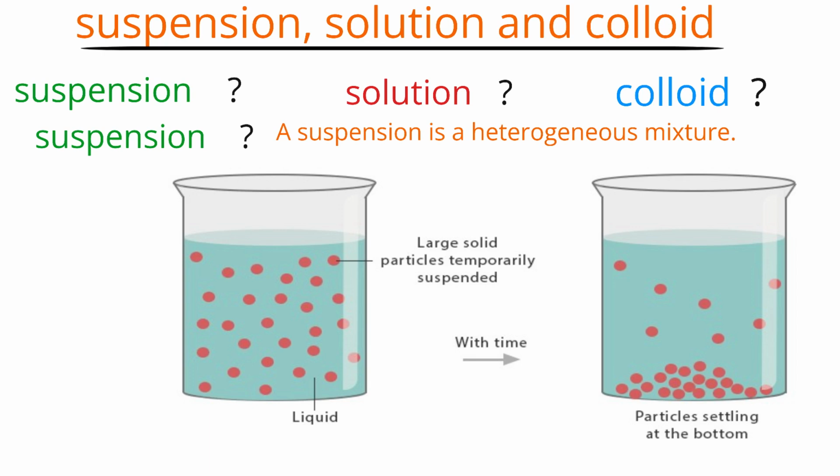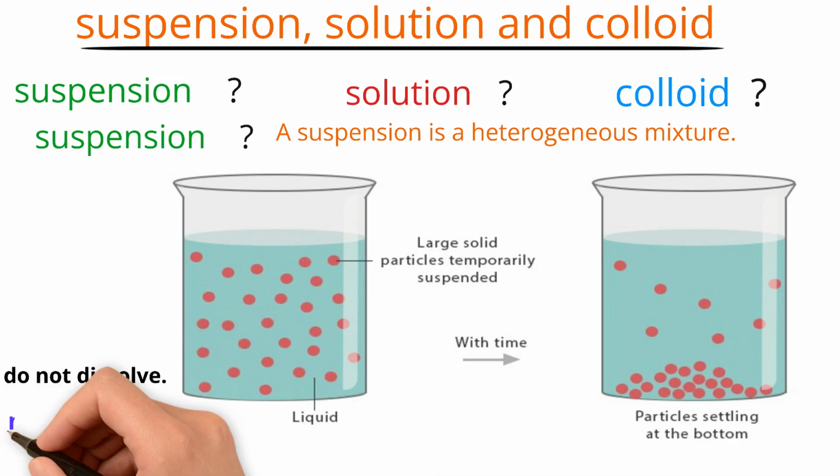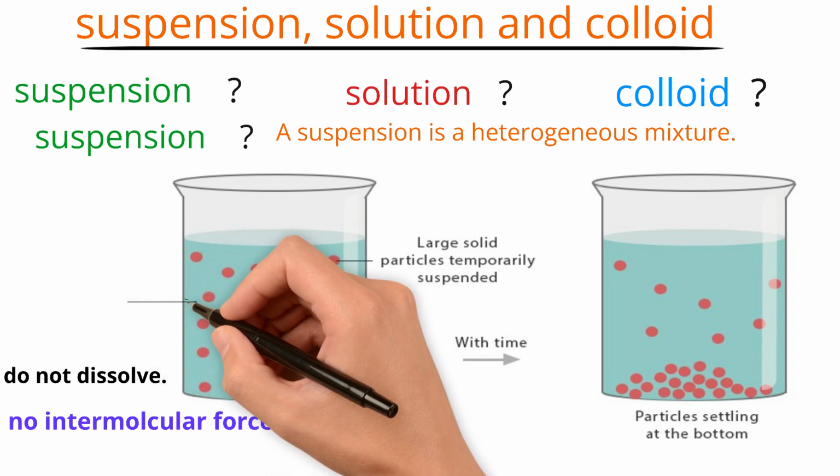Now look at this one. The large solid particles are temporarily suspended throughout the liquid, but with time, these particles settle down at the bottom of the beaker, and the particles of a suspension don't dissolve in the liquid. There is no intermolecular force between the particles of suspension and the liquid.